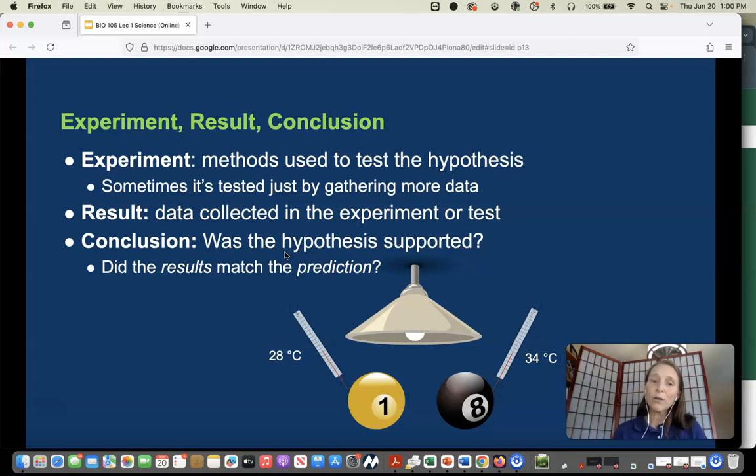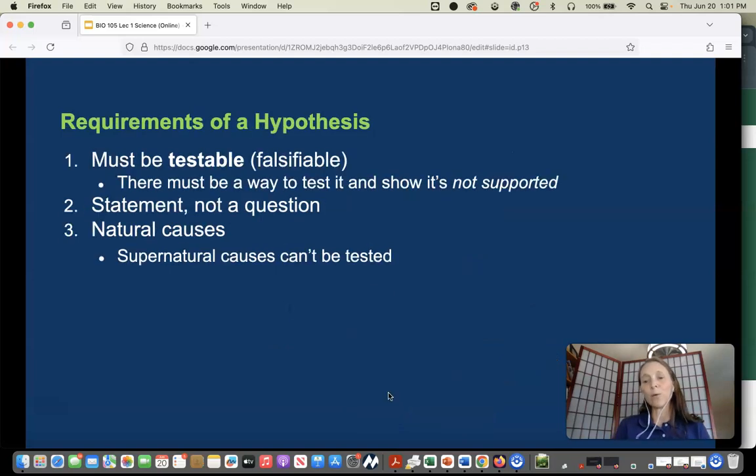So when you make your conclusion, did your results actually match the prediction that you made? That's an important part of making those conclusions. So in this case, you may say, yes, my hypothesis was supported because in fact, the temperature of our darker shade balls was higher than the lighter shade balls, okay? And you can back that up and support that with your actual data.